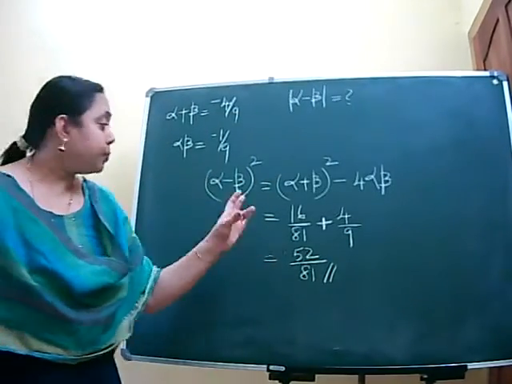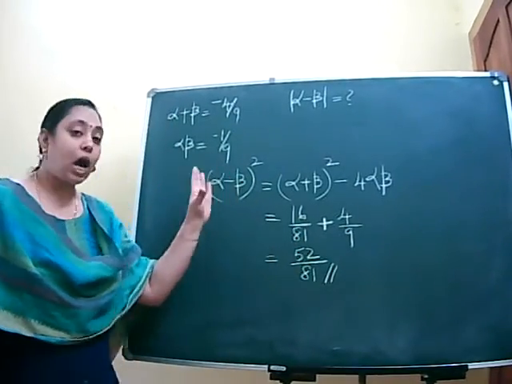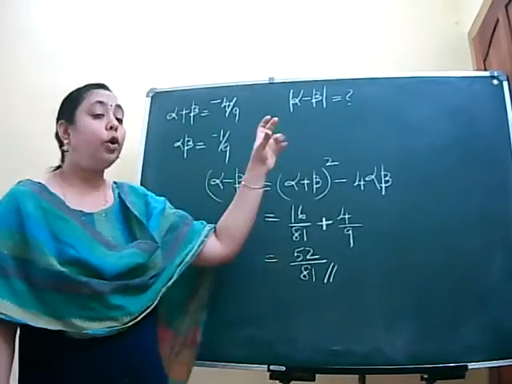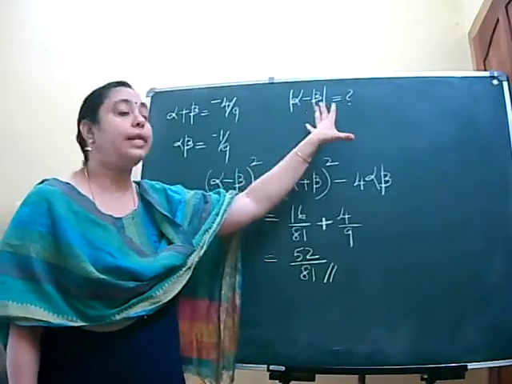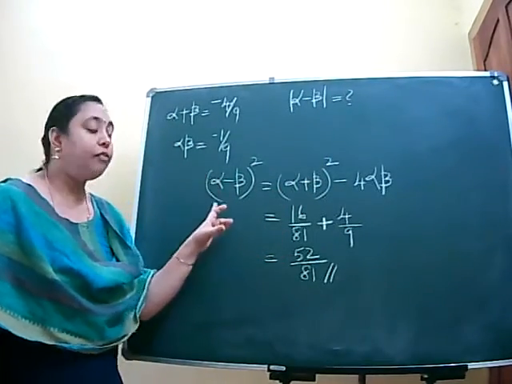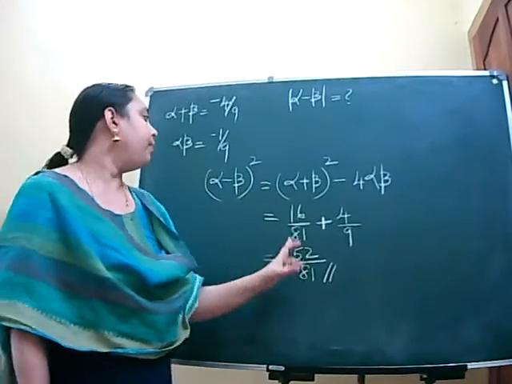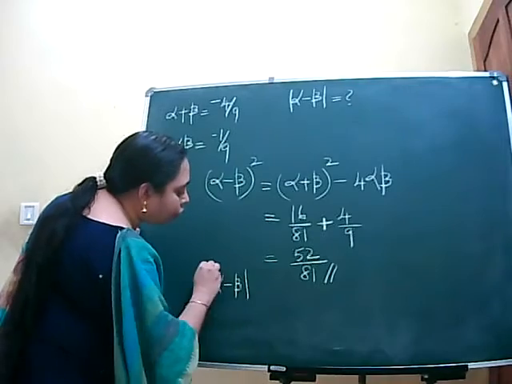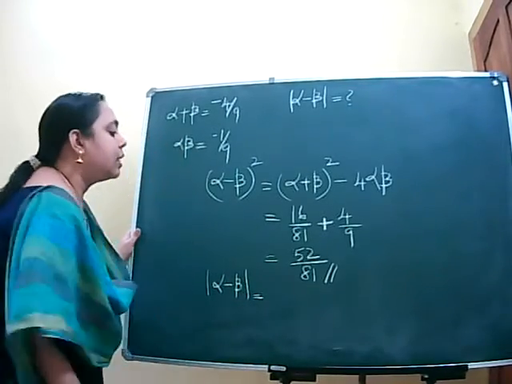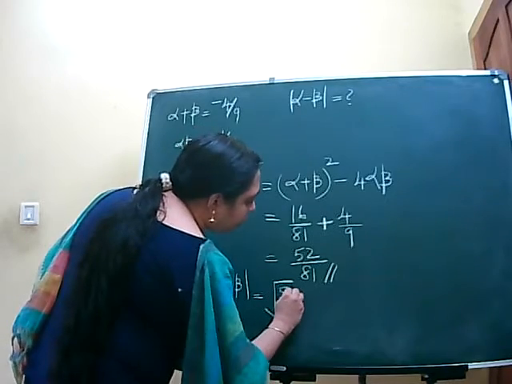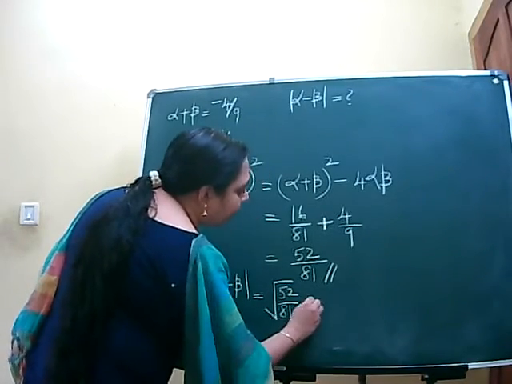So we obtained the value of alpha minus beta the whole square. Then the modulus value of alpha minus beta is the positive square root of alpha minus beta the whole square. That is, the modulus value of alpha minus beta is the positive square root of 52 by 81.